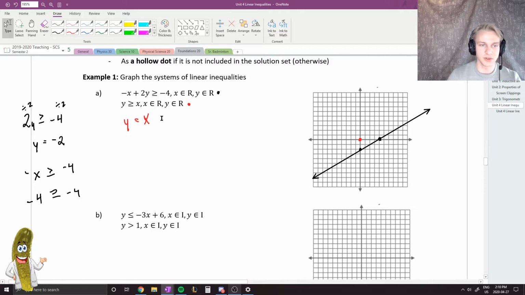It'll go through all of those x, y points because y is equal to x. So what I want to do is draw a line from this very corner of the graph, this very top corner here. Fix this. Just like that. So those are our two graphs there.